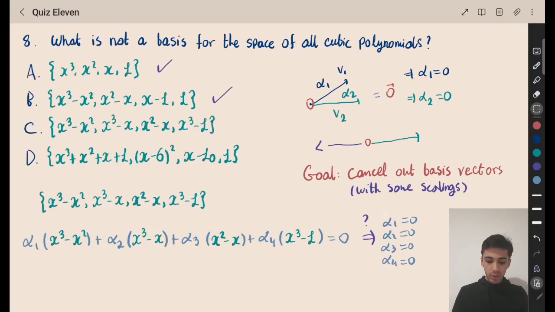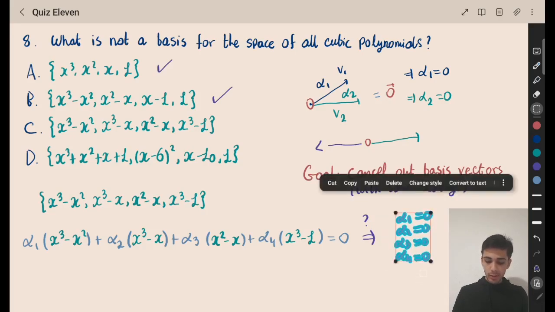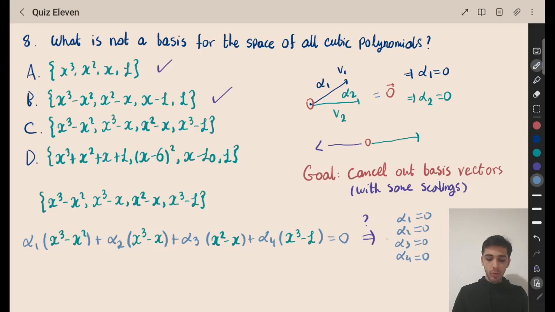I'm telling you beforehand that it will not be. So perhaps it is a good idea to find the non-zero linear combination that gives us 0. In other words, we should find the linear combination that makes these terms cancel out with each other. So this is precisely what I'm going to do now.